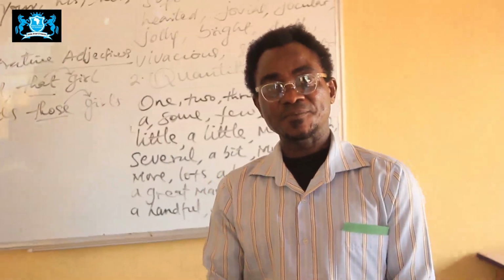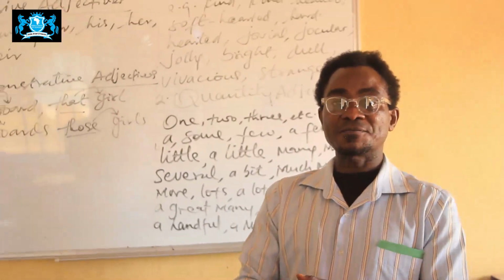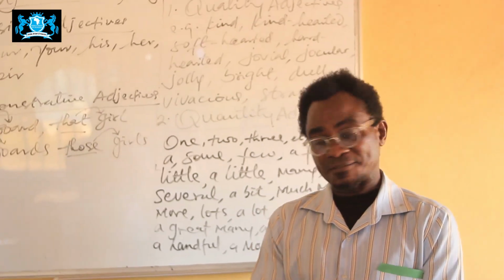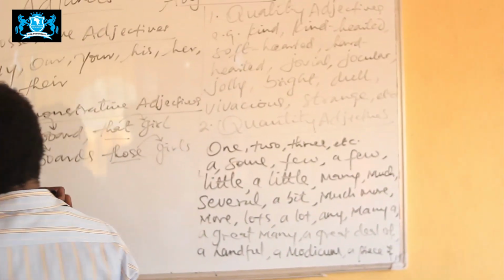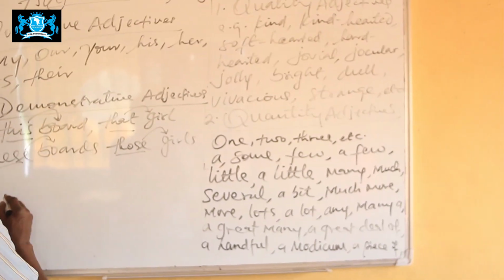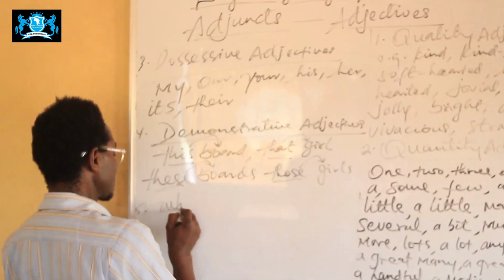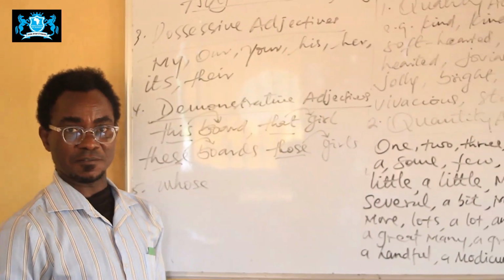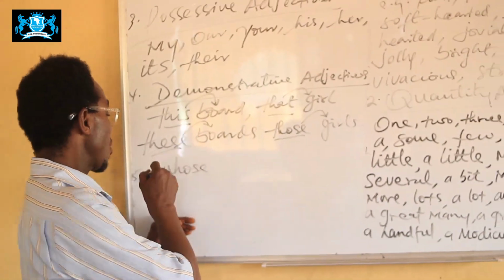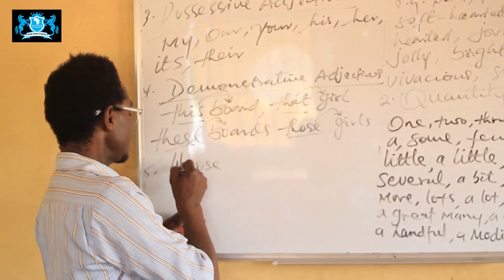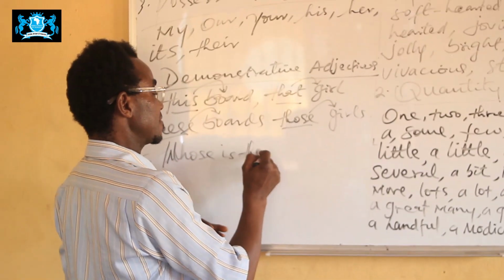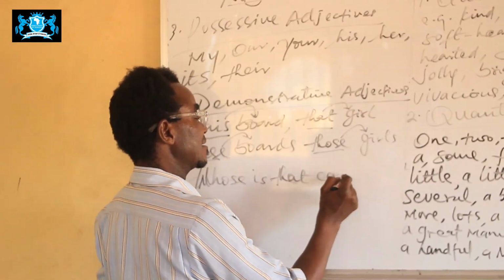Now, the other kind of adjective, the last one that I want to mention, is the possessive case of a pronoun, which also functions as an adjective. Now, that pronoun is the possessive pronoun whose. It is used as an adjective. So someone can say, whose is that car?